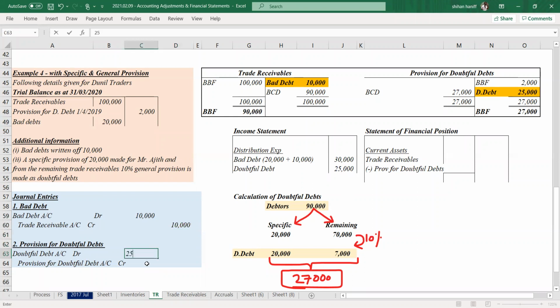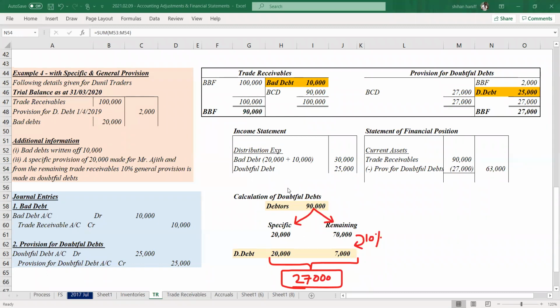Doubtful debt is 25,000. 25,000 we calculated by taking the total doubtful debt and the difference of opening and closing. Trade receivable is 90,000. Doubtful debt 27,000. Net it has 63,000. This is how you do the specific.